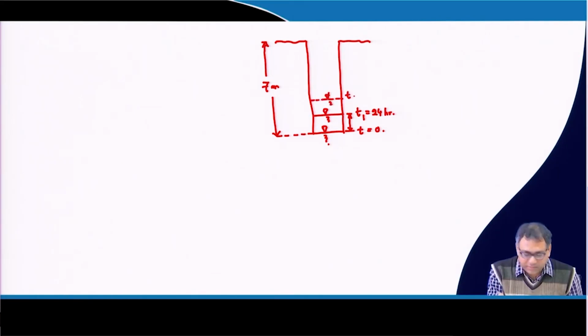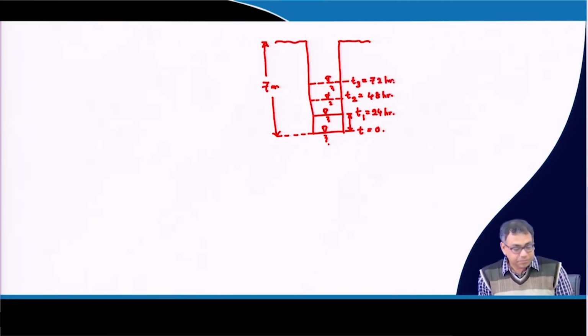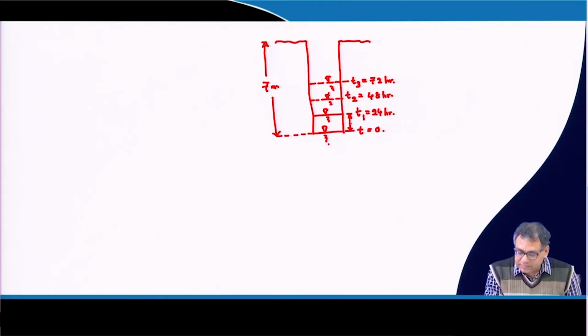With some time t2, say 48 hours, and then this is the time t3 for 72 hours and so on. And then this distance is say del h1, which is say 0.9 meter, and del h2 is another distance.